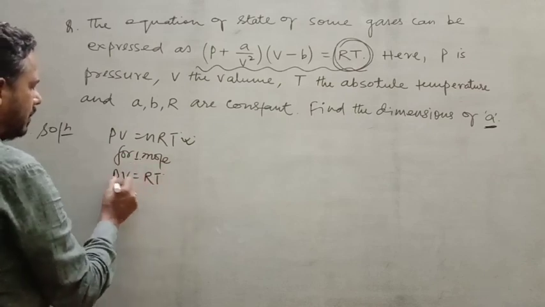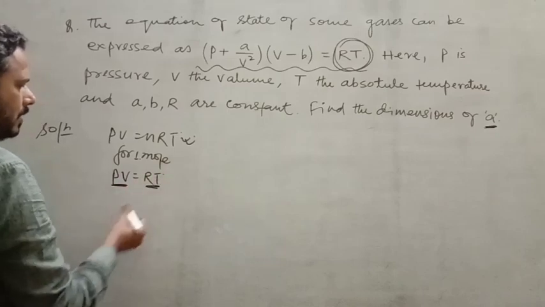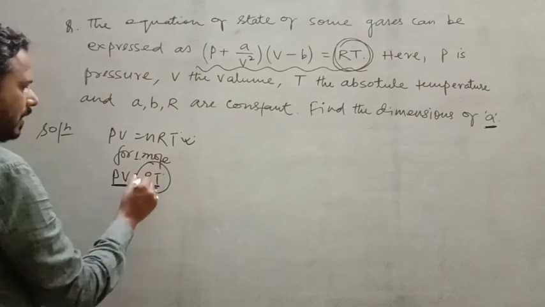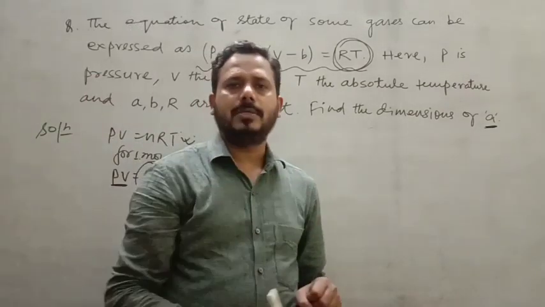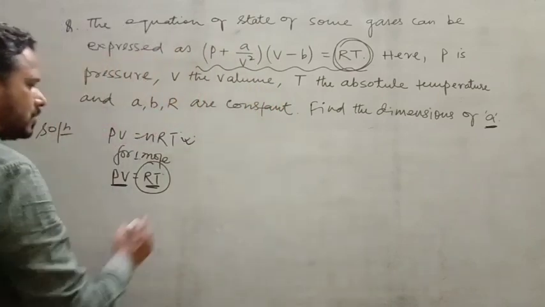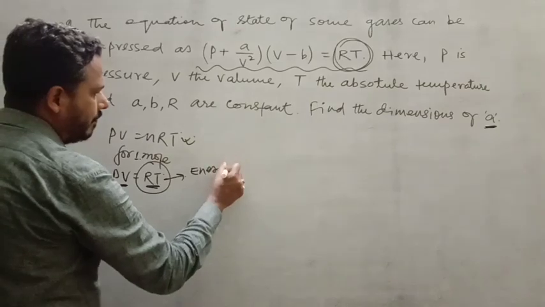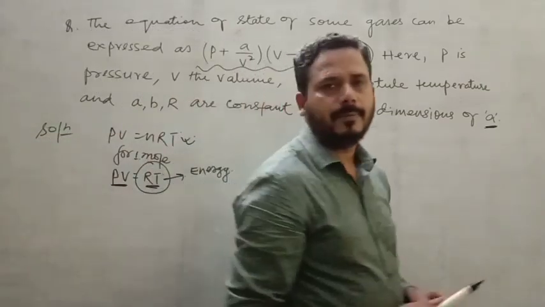And you know PV is energy, and RT is equal to PV. That means the dimension of RT will be the dimension of energy. Clear? So you got the dimension of RT.